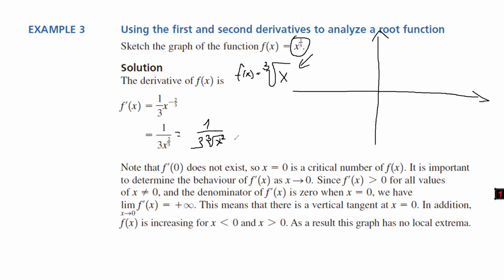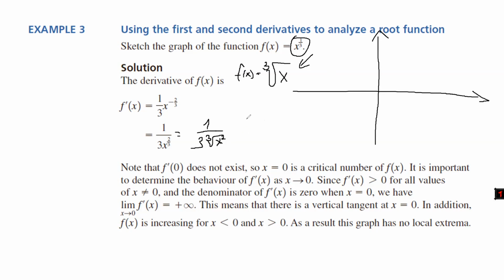So how would we call x equals 0? Undefined. Or, yeah, undefined. Critical number. Remember, you said it before. This is the right moment. It is a critical number, x equals 0, of the initial function, because we're doing all this to plot the initial function.